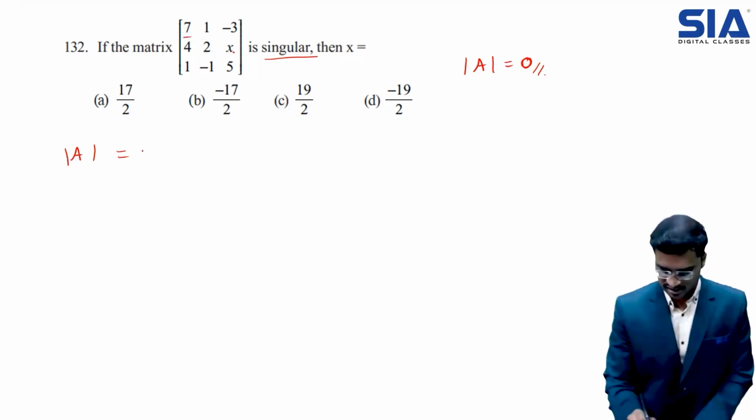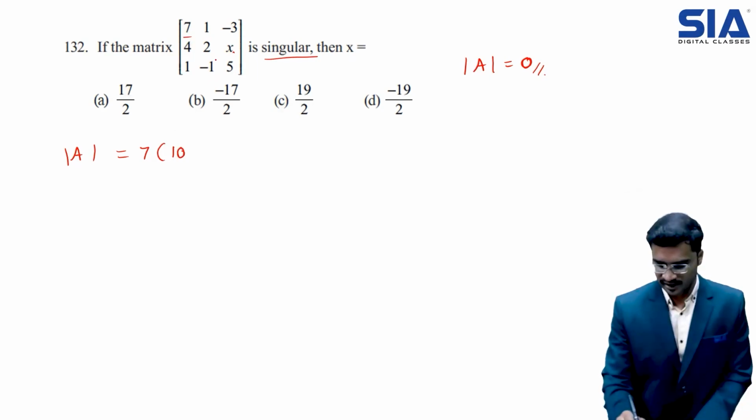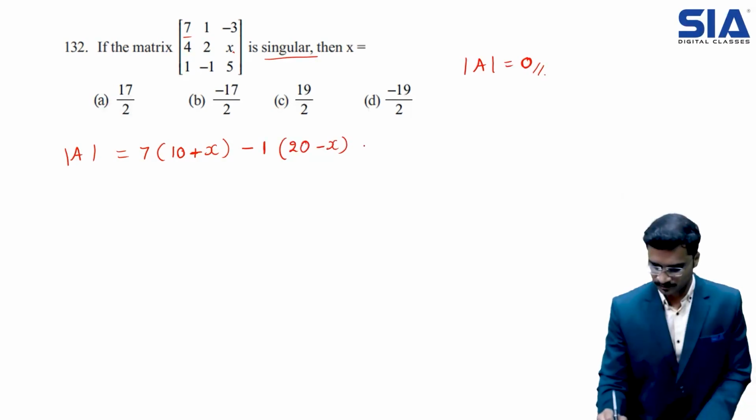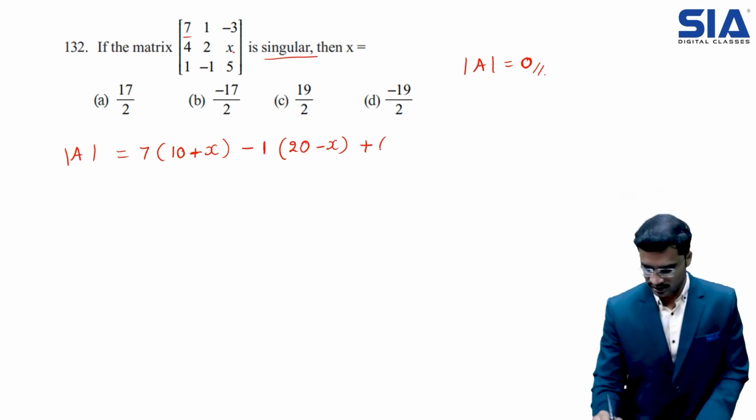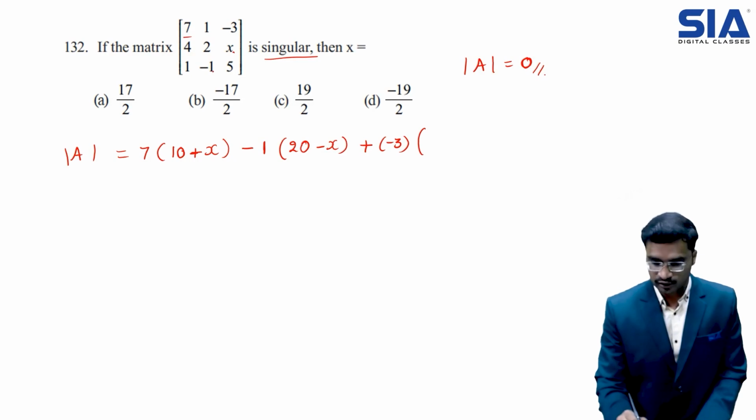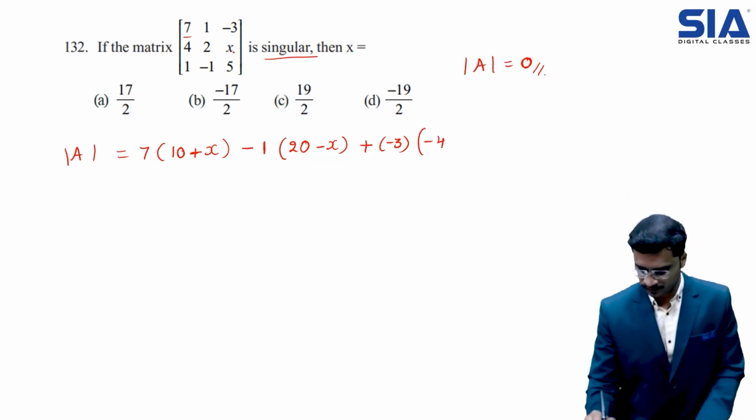So det A is 7 multiplied by 5 2s are 10 minus of minus 1 into x, which is minus of minus x, that is plus x. Then minus 1 into 5 4s are 20, 1 into x is x, so 20 minus x. Then plus, the value of the third term is minus 3, and 4 into minus 1 is minus 4, 1 into 2 is 2, so minus 2.